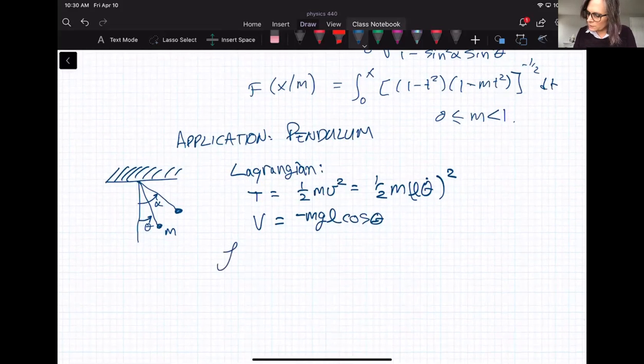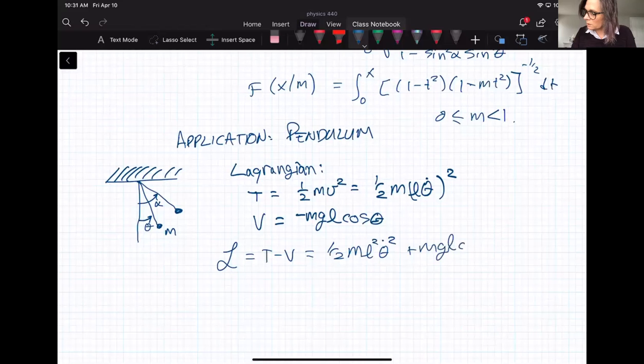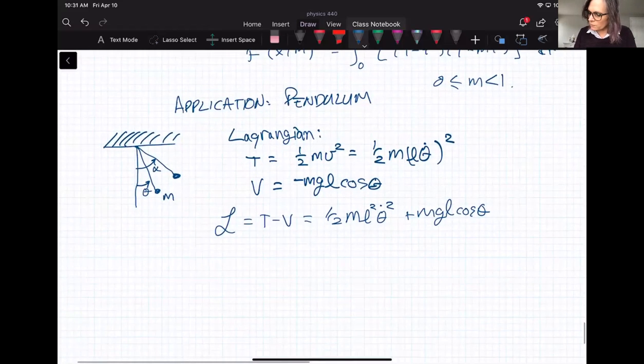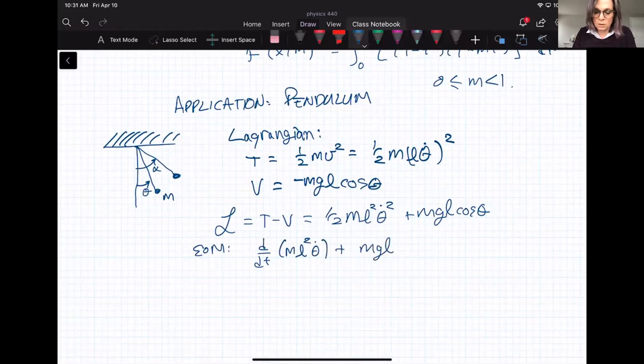Then our Lagrangian is T minus V, right? So that's 1/2 m L squared theta dot squared plus m g L cosine theta. And then our equation of motion comes from d/dt of m L squared theta dot plus m g L sine theta equal to 0.